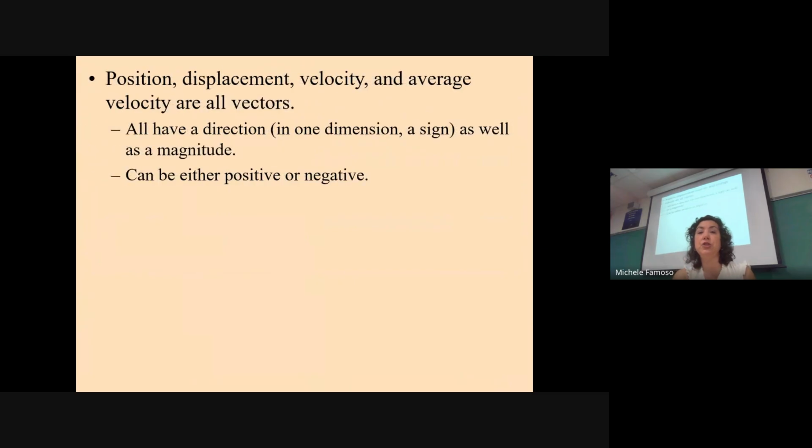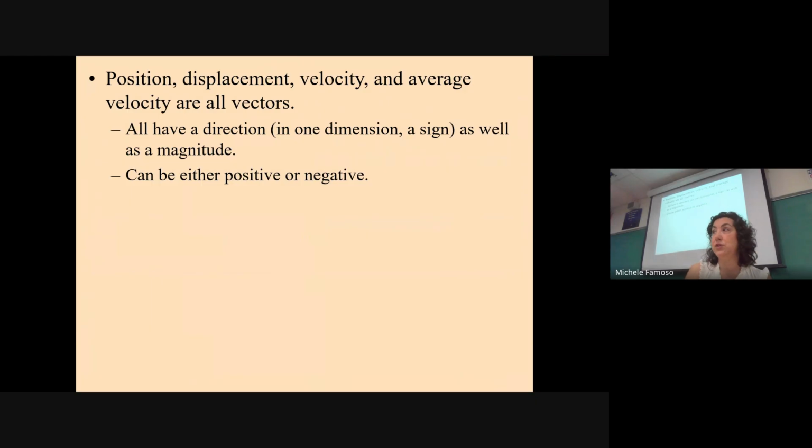Your position, your displacement, your velocity, your average velocity are all vector measurements. As you know, they all have to have a direction. In one dimension, we can use a sign. Next chapter, we get to two-dimensional motion. You can't use a sign anymore. So in one dimension, you can have a sign, but you have to indicate what that sign is.